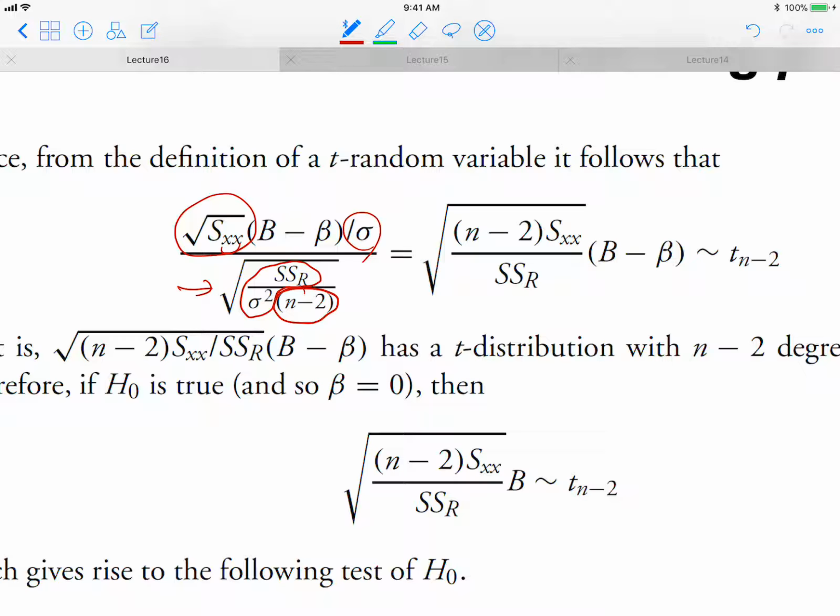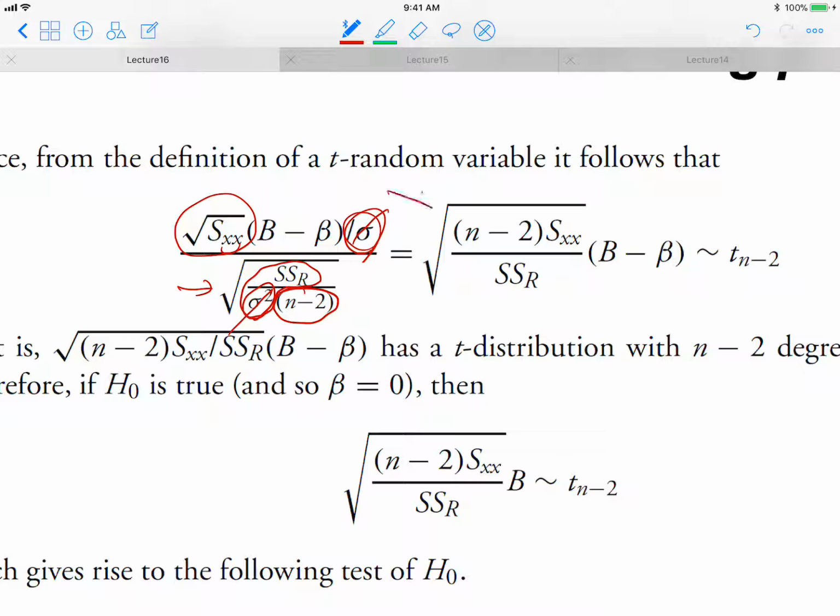So this is exactly the form of T distribution, right? The good thing about forming this T random variable is that we can cancel them out usually, and so they are all gone, right?